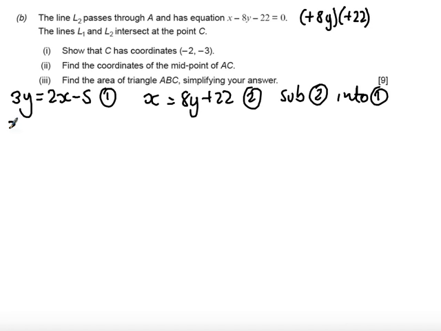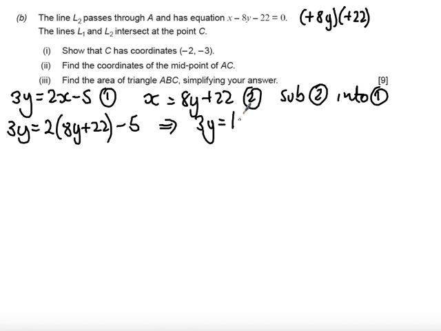So substituting equation 2 into equation 1, I get 3y equals 2 lots of (8y plus 22) minus 5. Expanding out the bracket and collecting terms, I get 3y equals 2 times 8y is 16y, 2 times 22 is 44, minus 5 is 39.